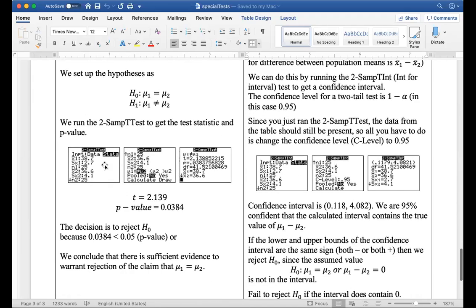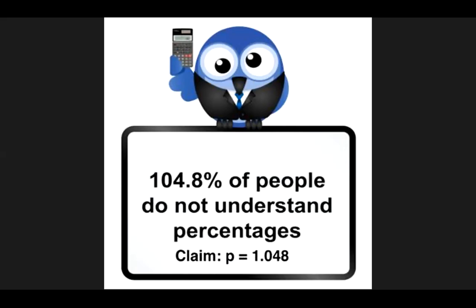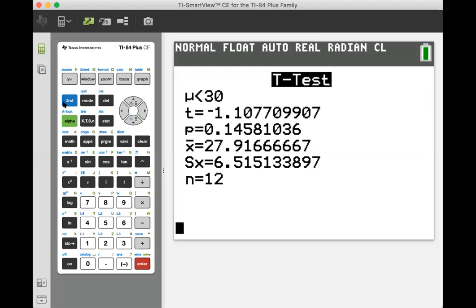We put our data into the 2-SampTTest, which is how we're going to run all of these two-sample tests. And let's go look at the 2-SampTTest in the calculator. Let me quit out of here.